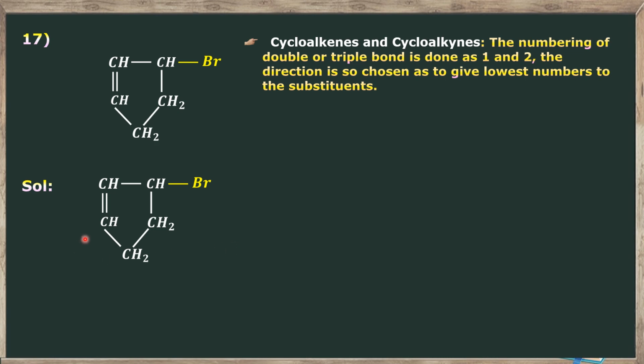So in this case, numbering can be done starting from here 1, 2, 3, 4, 5. At that time, the third carbon atom is bearing the substituent bromine. If numbering is done starting from here anti-clockwise 1, 2, 3, 4, 5, then the carbon atom bearing the substituent will get the fifth number. So for that reason, I am numbering the chain starting from here in clockwise direction. 1, 2, 3, 4, 5.